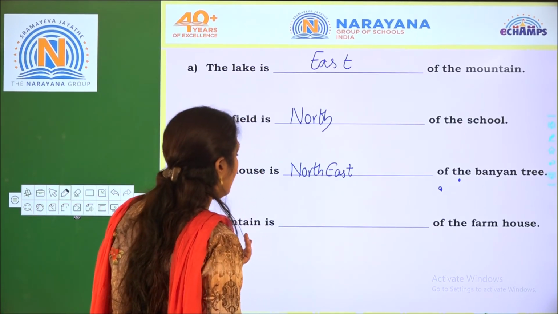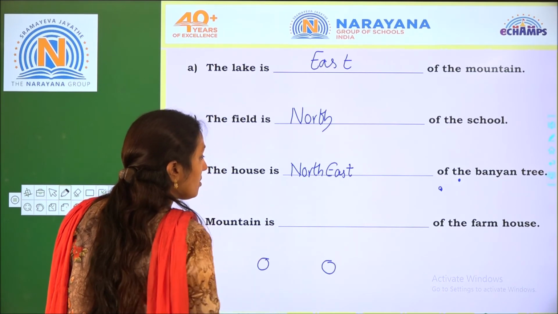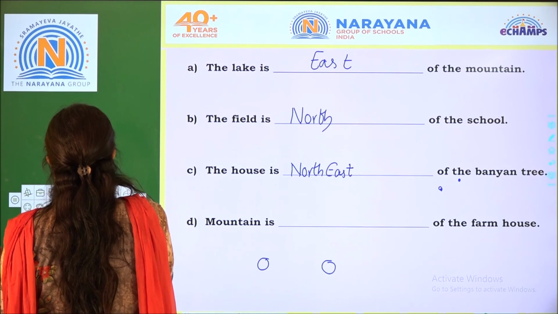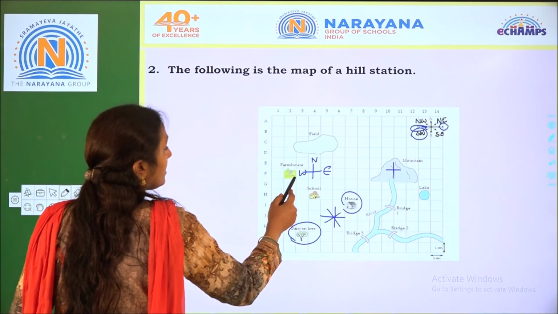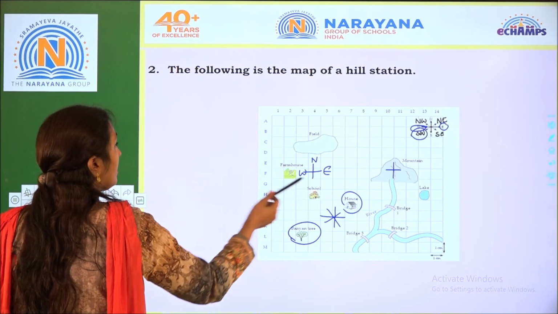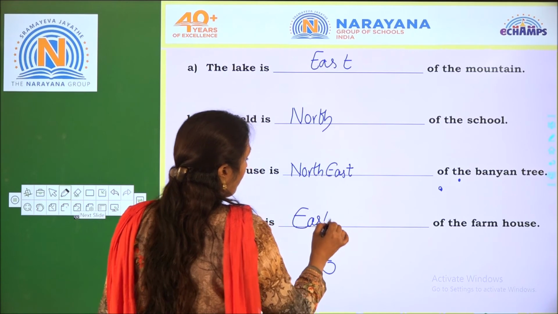Mountain is dash of the farmhouse. So the farmhouse is here and east of the mountain. East of the mountain. Next one.